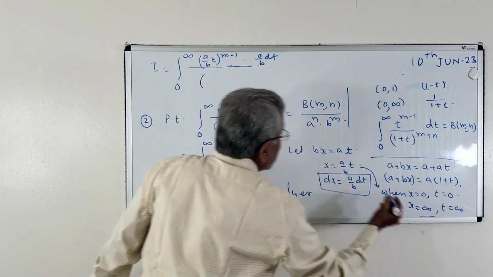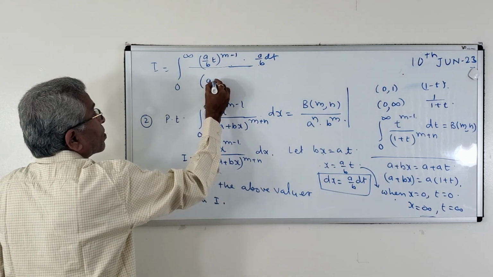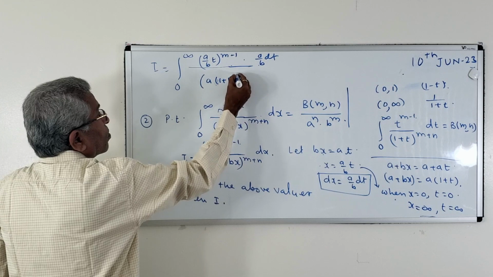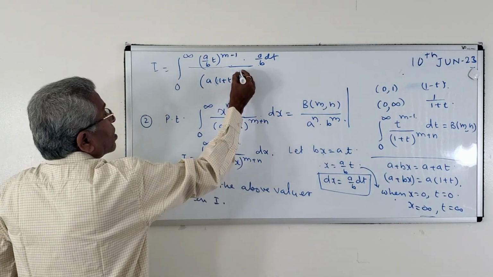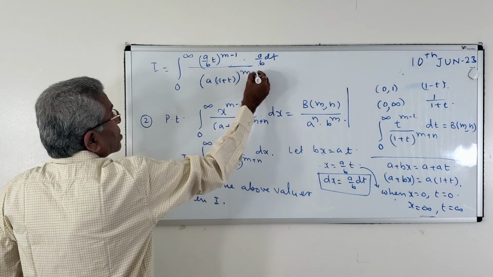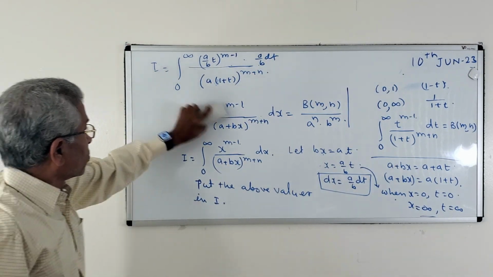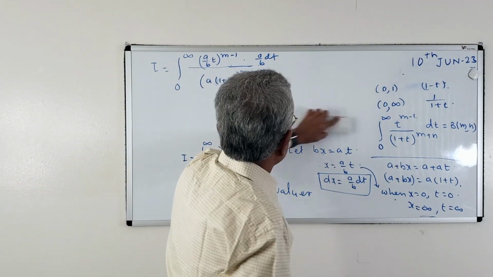A plus bx is a into 1 plus t, raised to power m plus n. So these are the changes. And now just simplify.